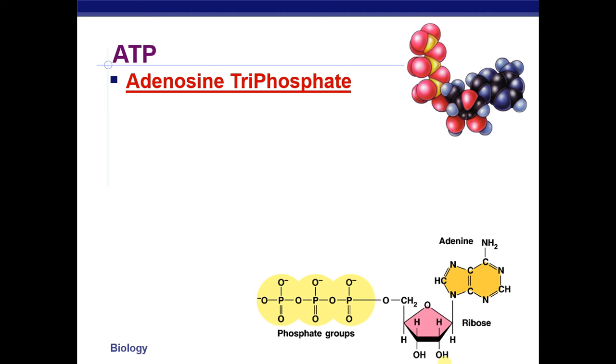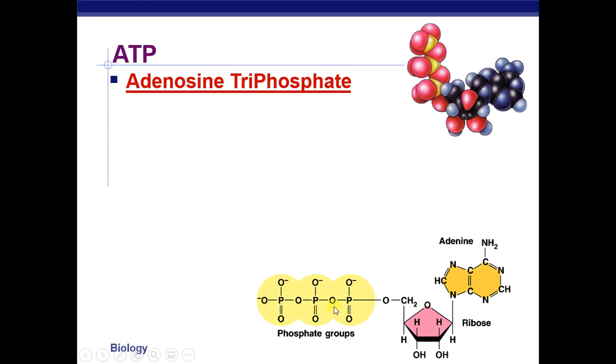One of the things that you'll notice right here, this part, it's basically an adenosine base like in RNA because it has an adenine base, it has a ribose sugar, and a phosphate group. That would be an adenine nucleotide in RNA.